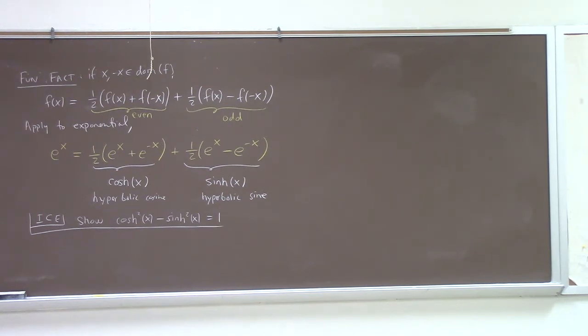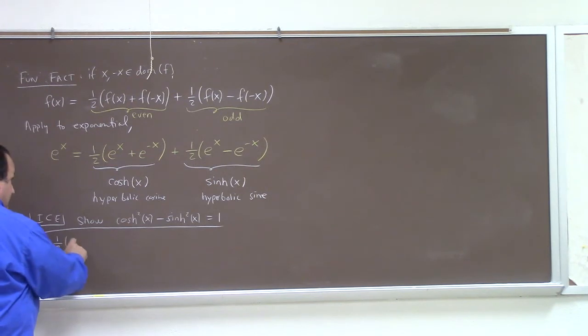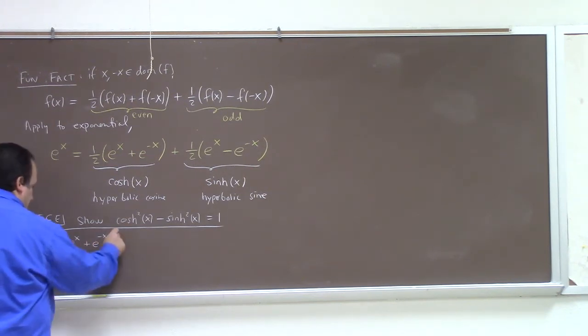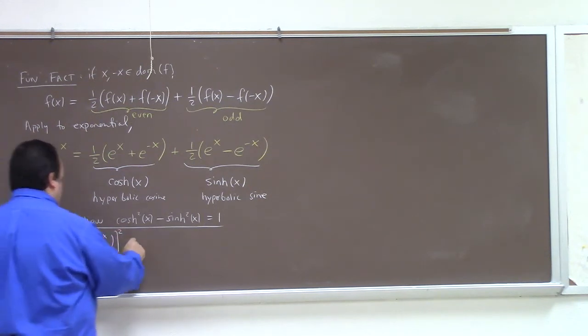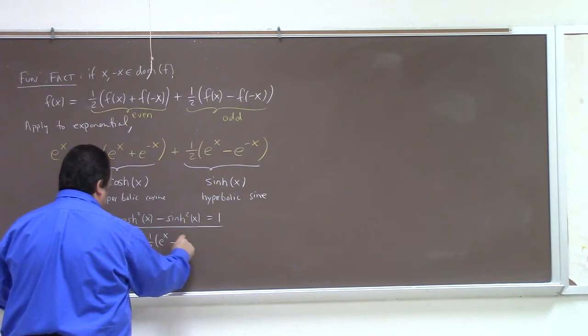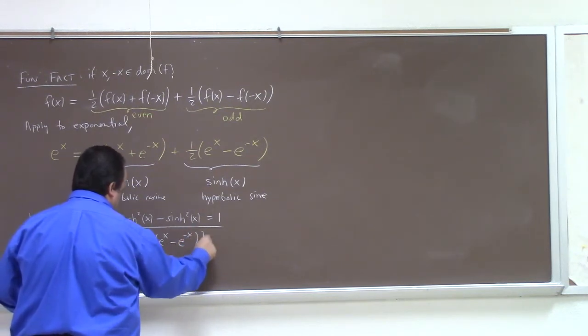So this is pretty much just an algebra problem, right? So I'll start us out. We got 1/2 (e to the x plus e to the minus x), and I square it. And then I subtract 1/2 (e to the x minus e to the minus x), quantity squared.